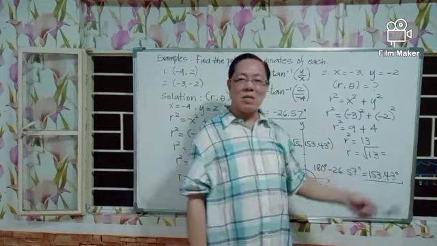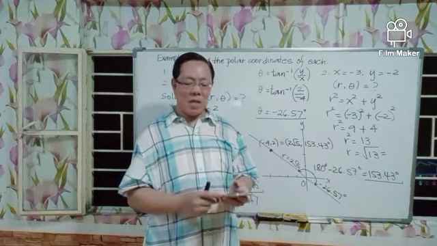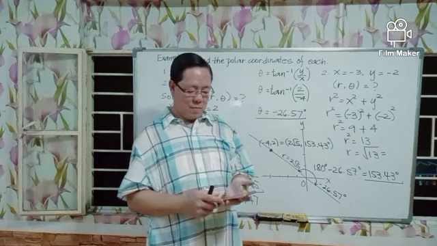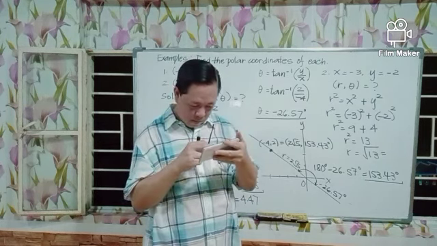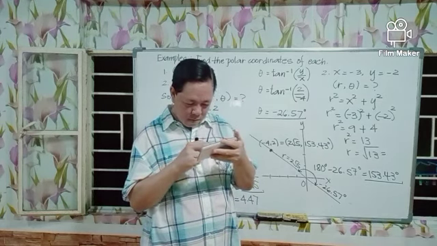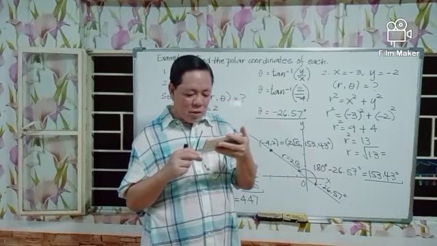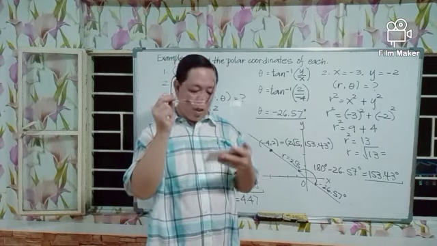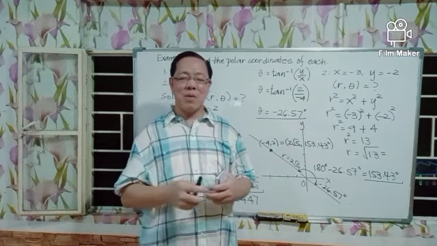We calculate the square root of 13 using our calculator to 2 decimal places, and you should get 3.61.